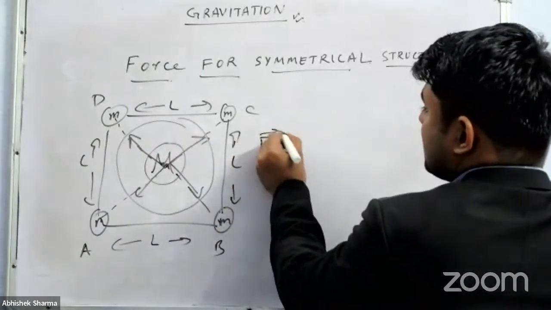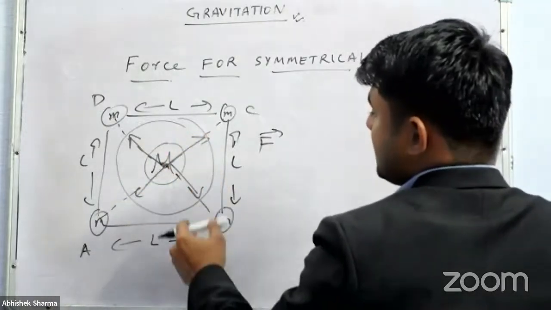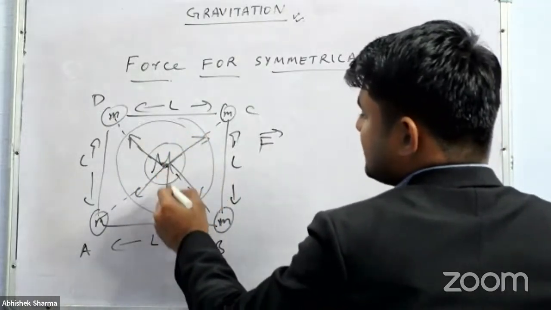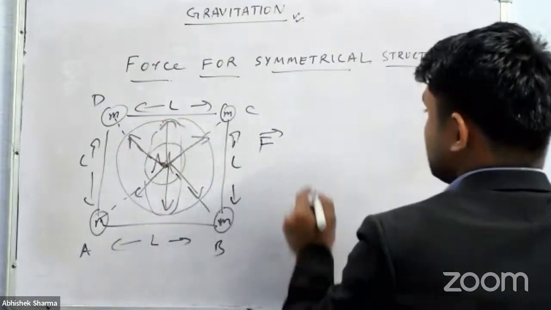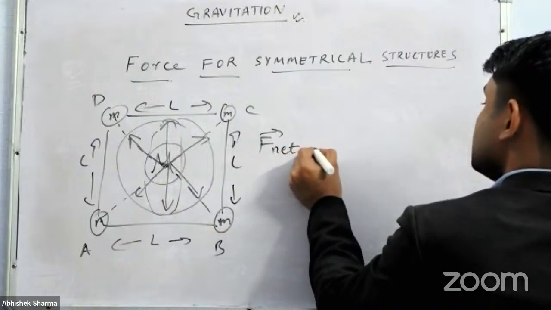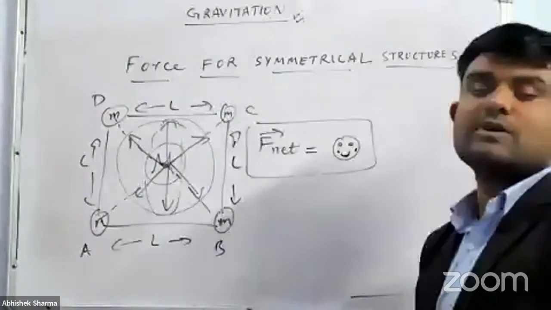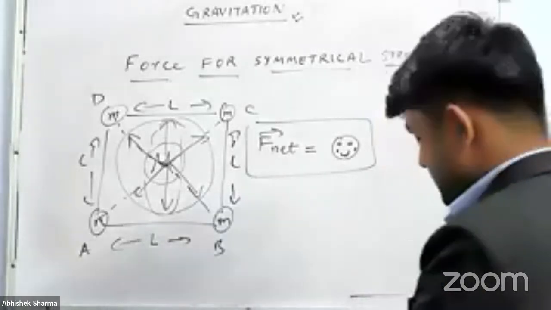Just by visualizing, these two will have their net like this, and these two will have their net like this. This basically cancels. So F net is equal to 0. You can take any other cases too.